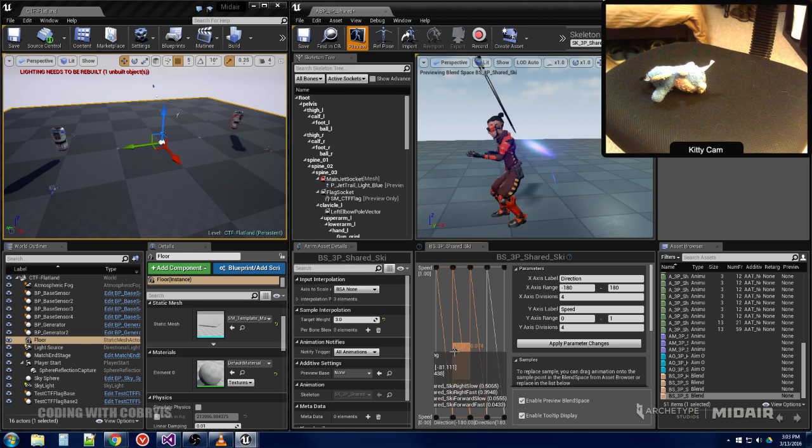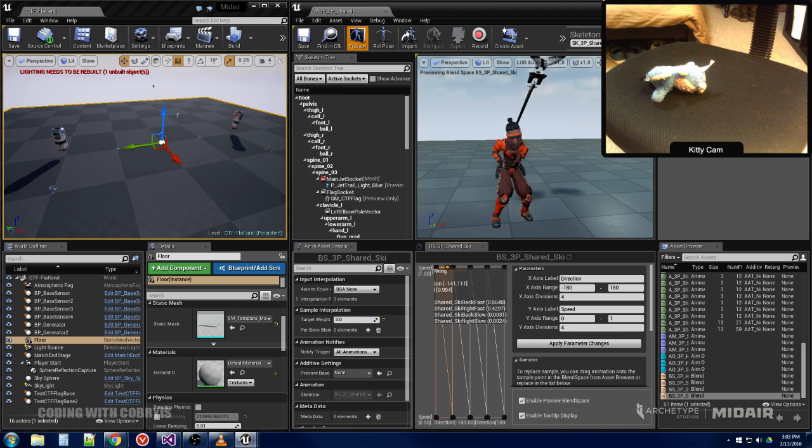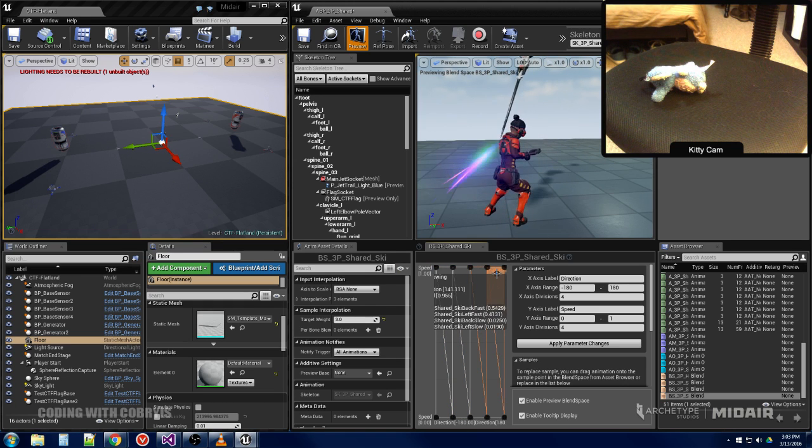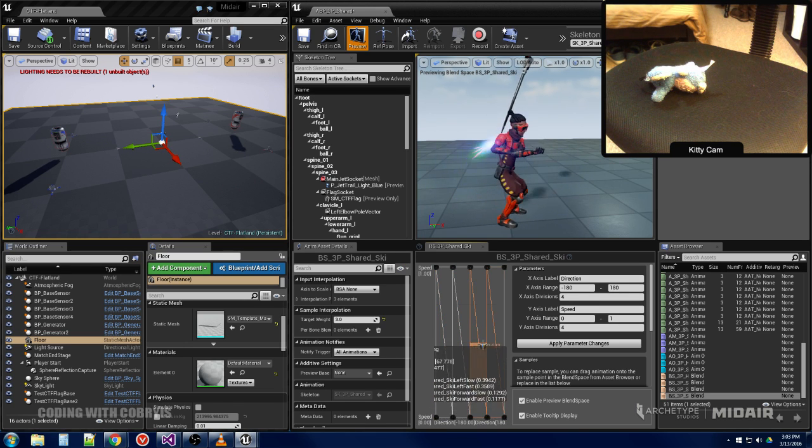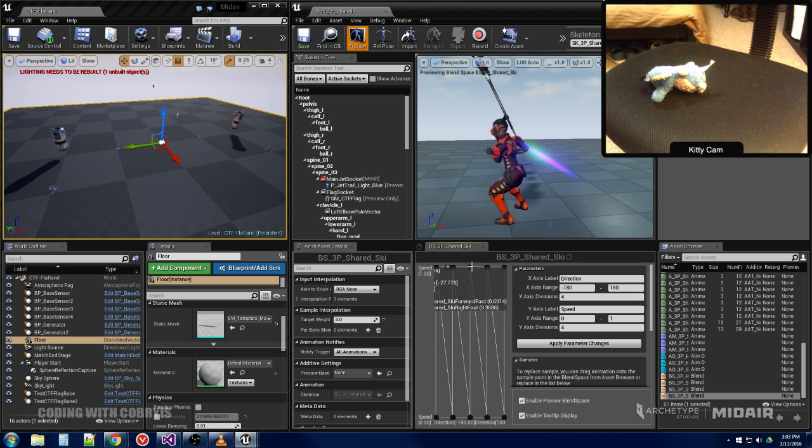If I move between these anims on this graph, the character will blend between them. The bottom ones are slow or no movement, and the top ones are fast movement.